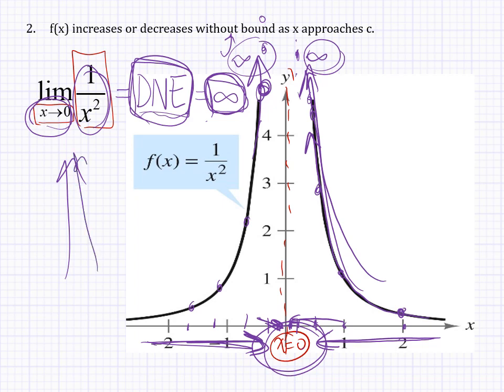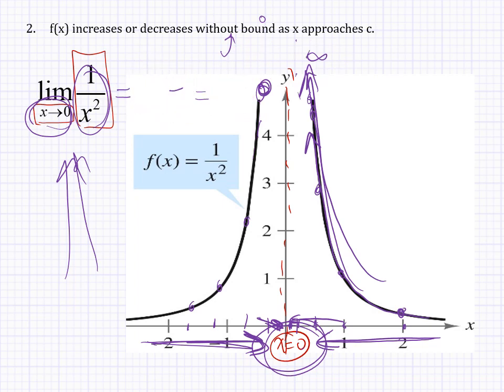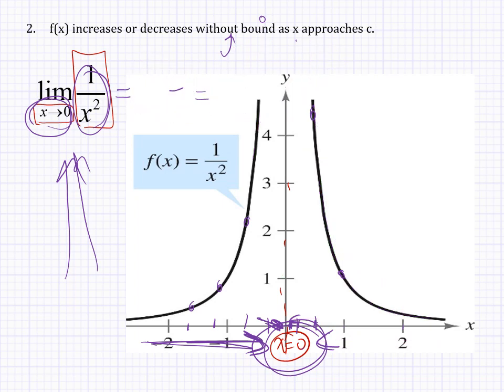It goes to infinity. Okay? So while does not exist technically is correct, the correct answer to put down for a question like this would be infinity. Now, I'm going to give you another example as it relates to vertical asymptotes.